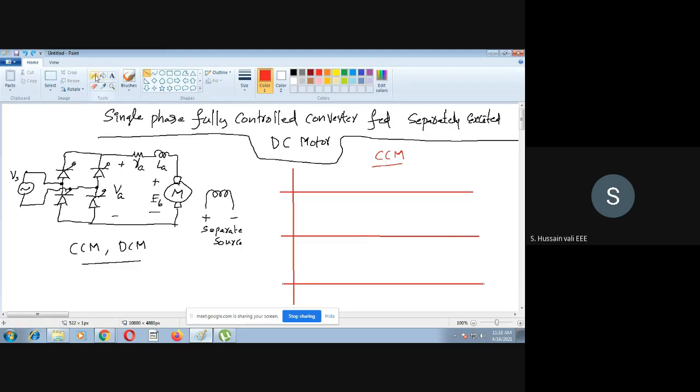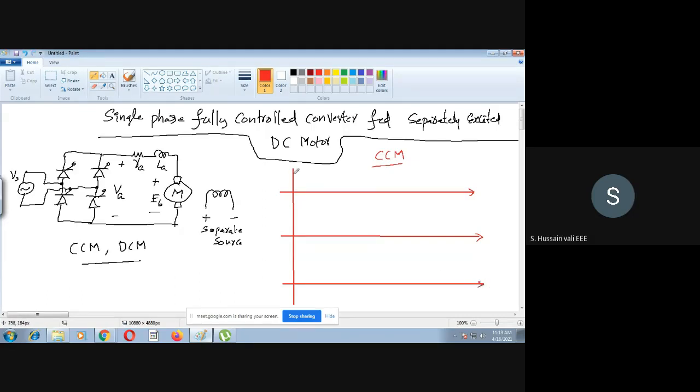As many waveforms as possible we'll draw. Whatever you need to draw, always remember it is required to draw the supply voltage waveform always.